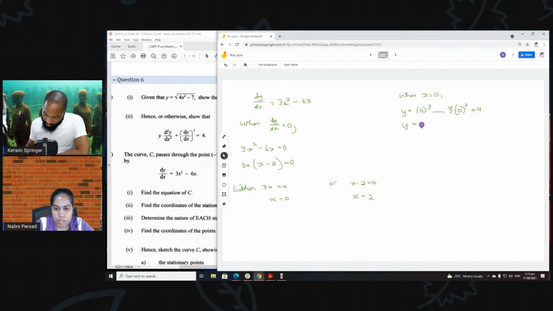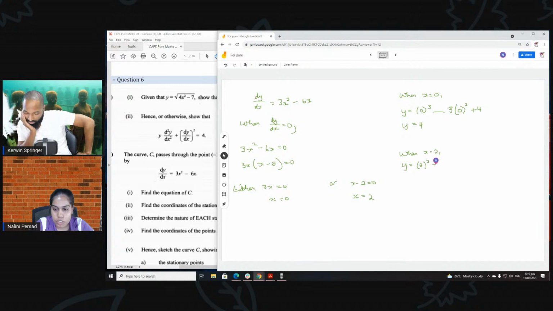And then when x equals 2, we need to find the y value. So y is equal to 2 to the power 3 minus 3 by 2 squared plus 4.